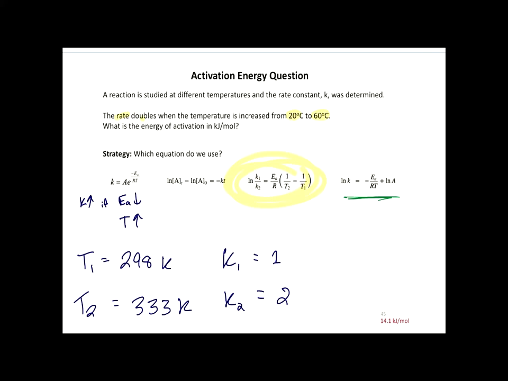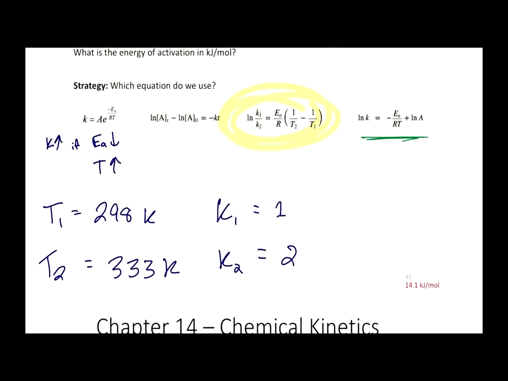It doesn't matter because we're putting it as a ratio inside the equation. So if we look at what is known and what is unknown, we know our K's, we know our T's, R is a constant, and so you can clearly see we are solving for activation energy here.